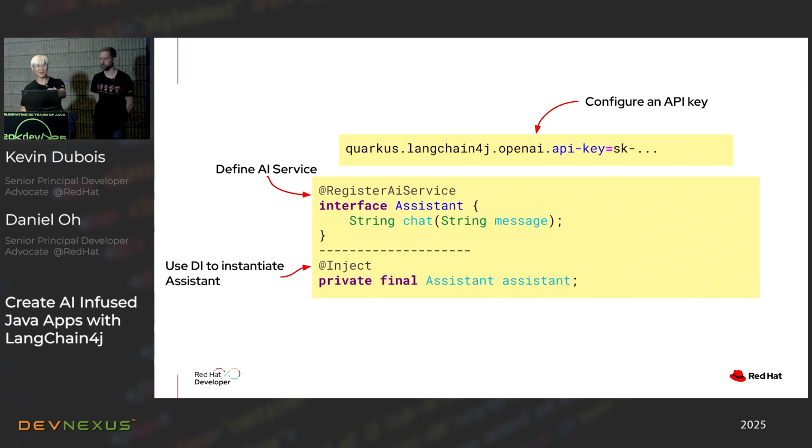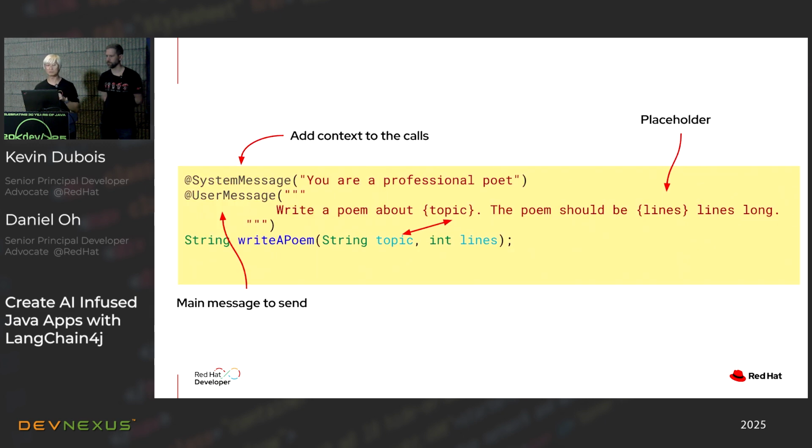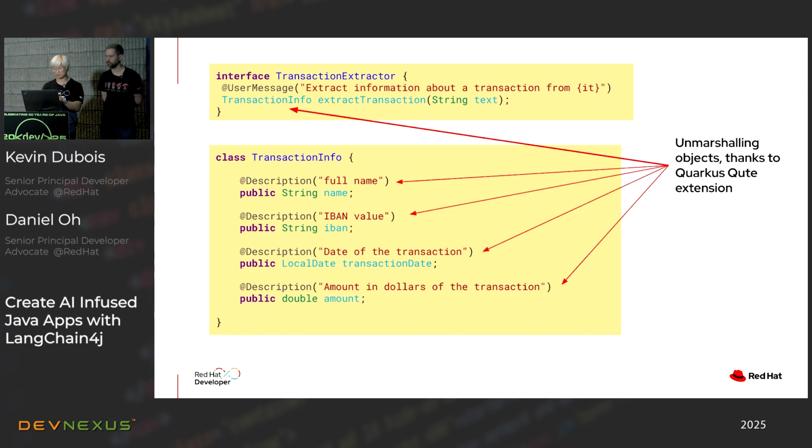As long as you add the annotation, RegisterAiService, on top of the interface, it makes an AI application pretty simple. Then you can inject it using DI into your resource, a Java class. You could handle a RESTful API, and that RESTful API actually calls your AI service, which is this RegisterAiService.